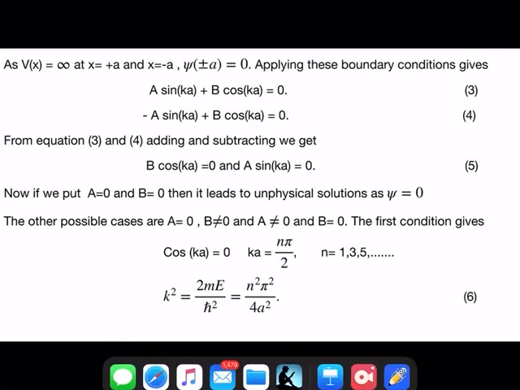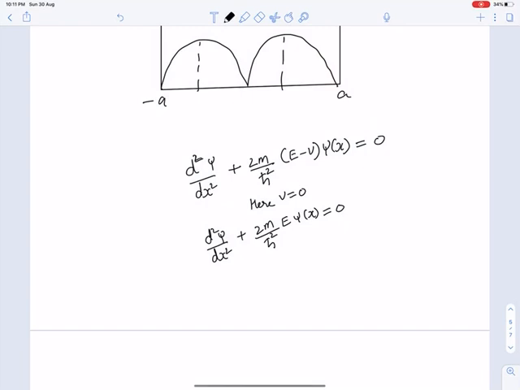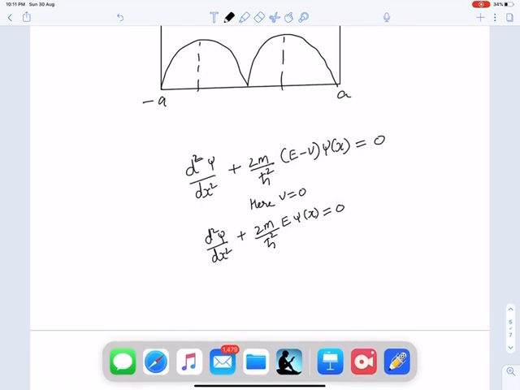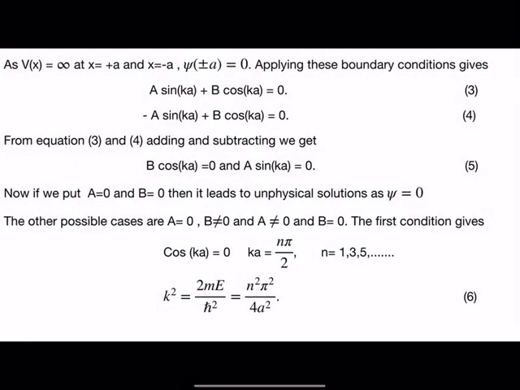So from here you can get k square is equal to n square pi square upon 4a square. Okay, this is equation number 6. Now equation number 6 you got.